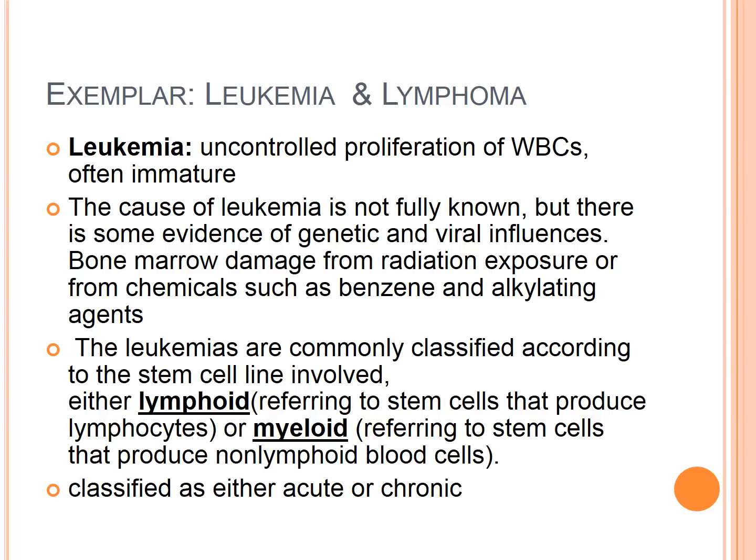So the lymphoid or lymphocytes are one category, okay, so that's referring to the stem cells that produce lymphocytes, or the myeloid, which would be basically all the other cells in the bone marrow except for the lymphocytes. Okay, so that could be your red blood cells, white blood cells that are not lymphocytes, and also your platelet counts. So leukemias are either acute or chronic, lymphoid or myeloid.